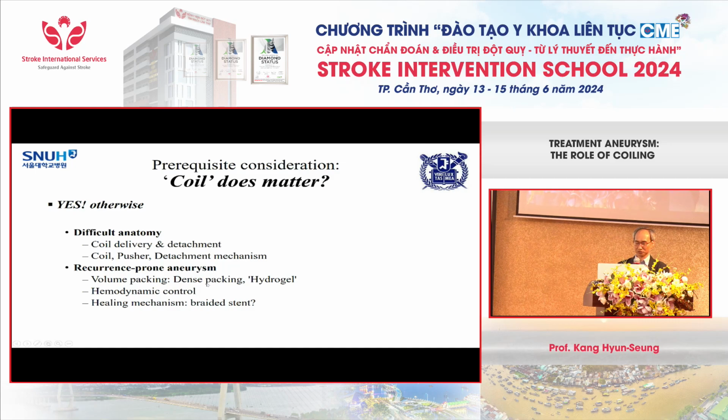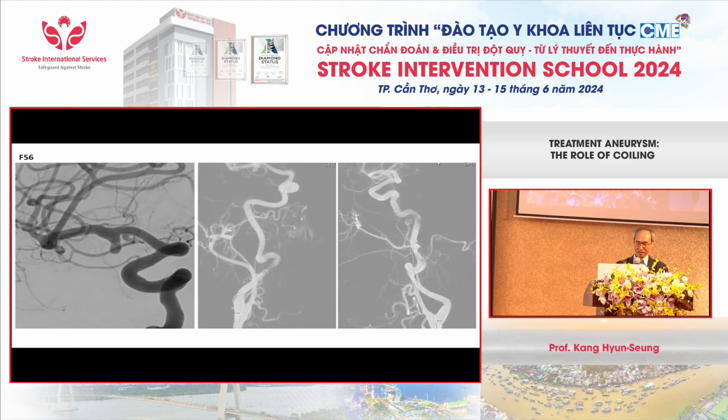So we have to achieve dense packing. Sometimes we have to use hydrogel coil. And hemodynamic control should be considered in special situations, including the PCOM aneurysm and ACOM aneurysm. And sometimes we have to consider the healing mechanism, so sometimes we prefer braided stent over the open cell stent.